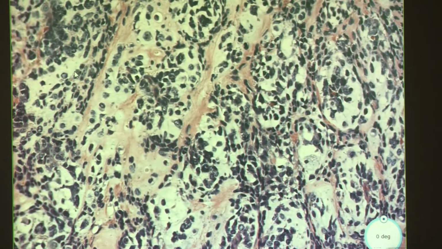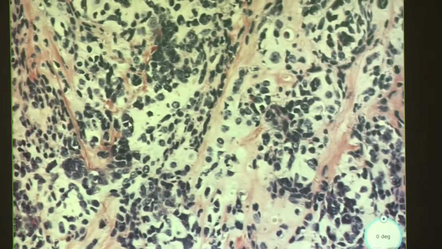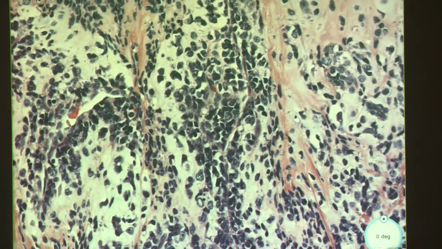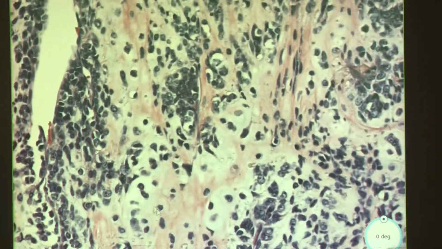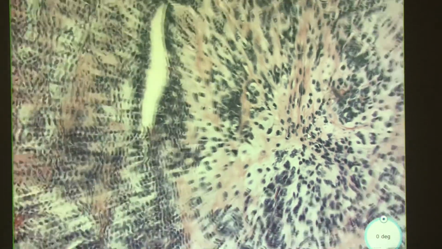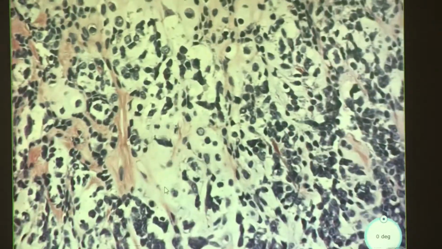And if we zoom in even more, what we see are everyone's favorites, small round blue cells, and maybe some cartilaginous areas. I know it looks more pink, but that kind of has the appearance of cartilage.